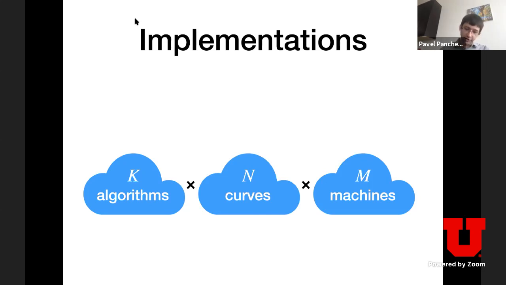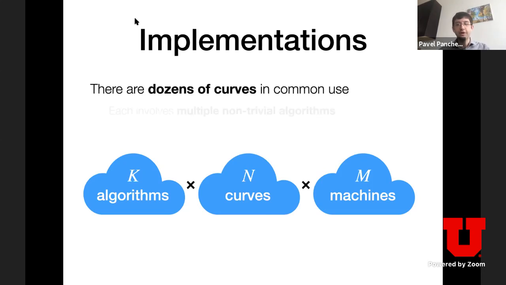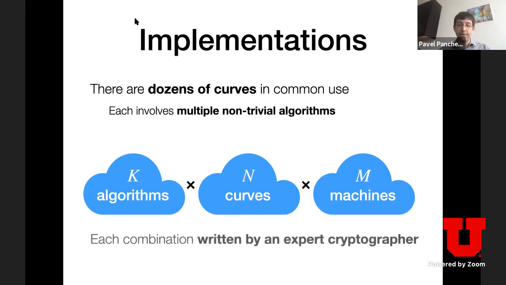So it turns out you actually need not just one implementation of this, but k times n times m implementations, given the diversity of computing in general, and also the huge scope of devices you want to access the internet, not just servers and desktops, but also fridges now and light bulbs for some reason. It's a crazy amount of implementation effort that has to go on. So you have to do a lot of these implementations. All of them have to be very good.